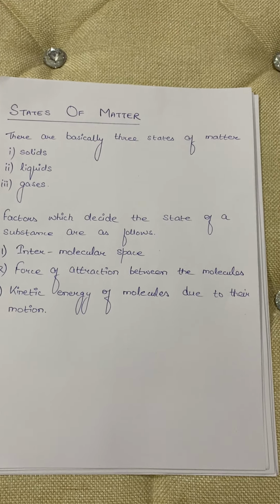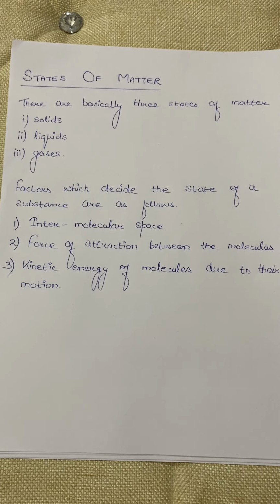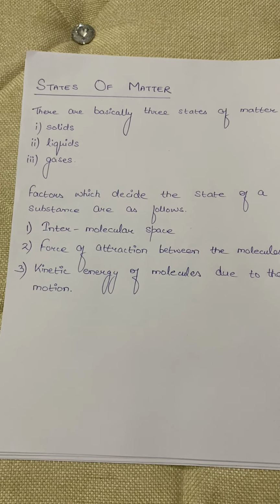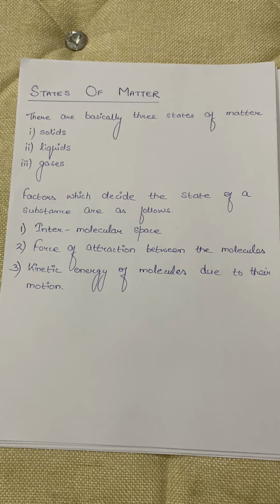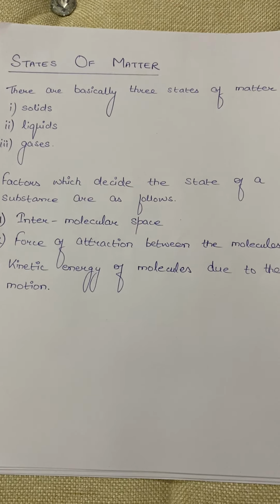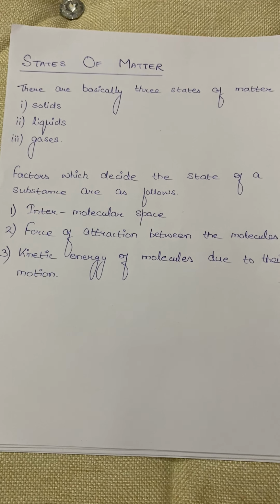Now the question arises: what are the factors which decide the state of a substance? Though a few points we have already discussed, we are now going to discuss them in a bit more detail. Factors which decide the state of a substance are as follows.